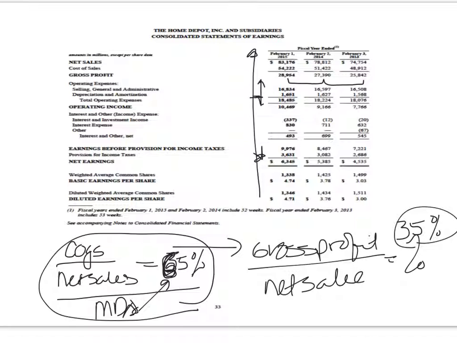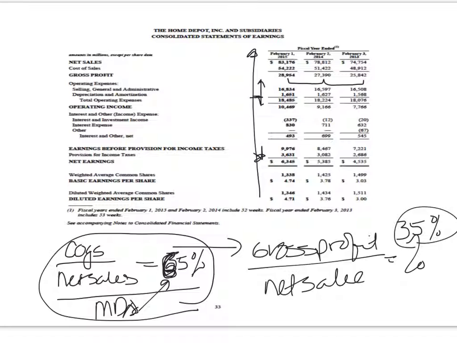In volatile industries, it may change drastically. Sometimes you might have to do the gross profit margin per revenue source, if you have different revenues and different costs of goods sold, but we're not going to worry about that in this particular instance.